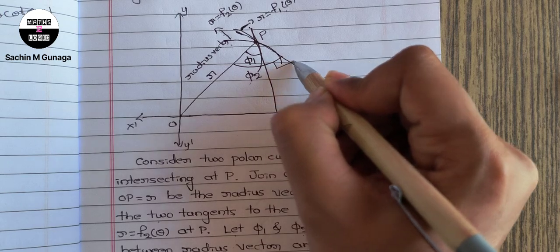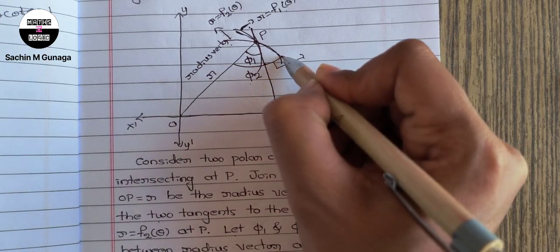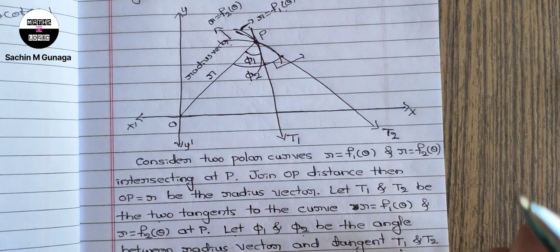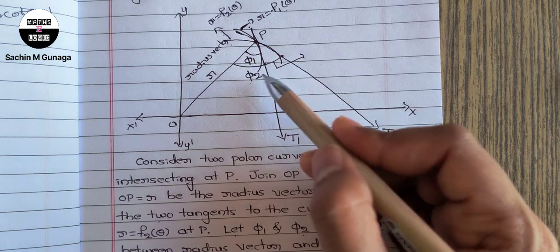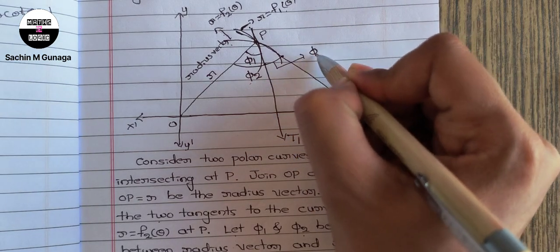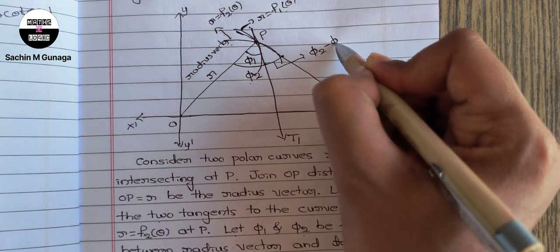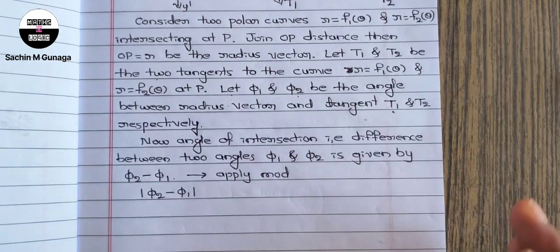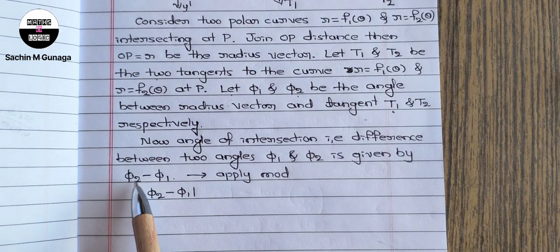So this angle from here to here. So here what I have taken is phi 2 minus phi 1.